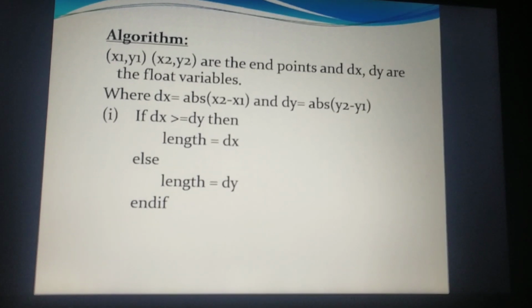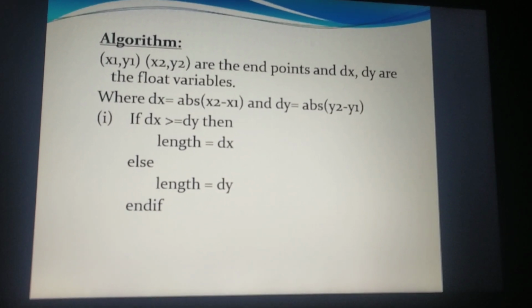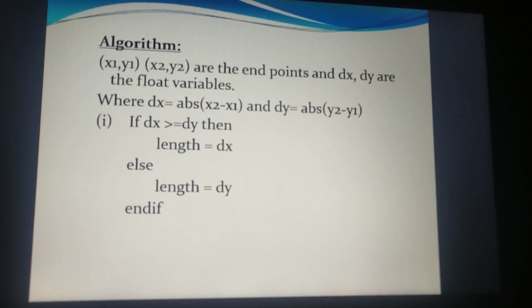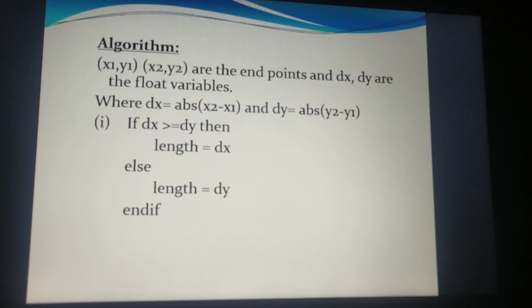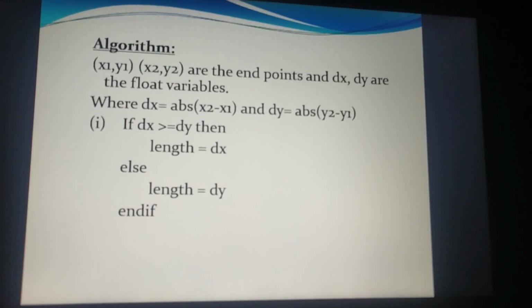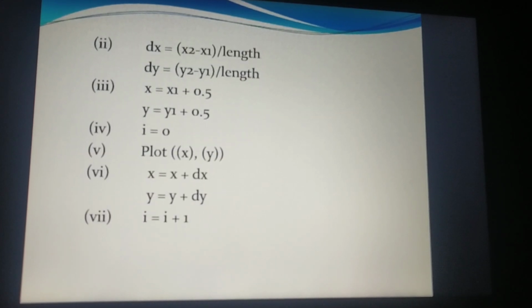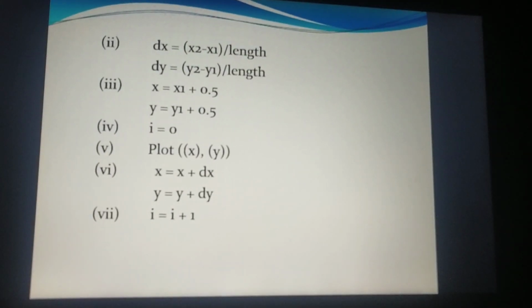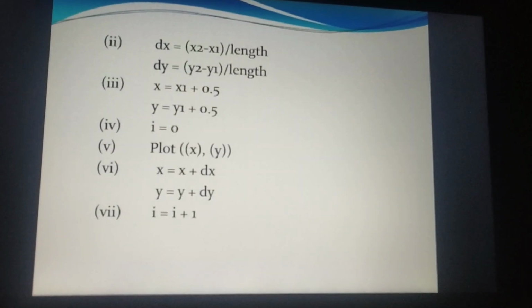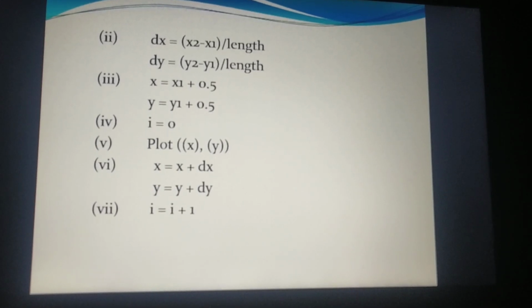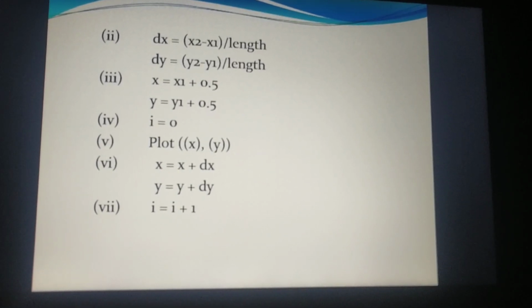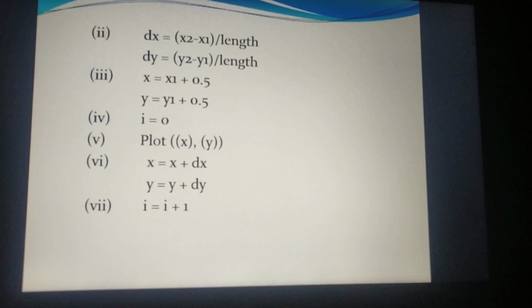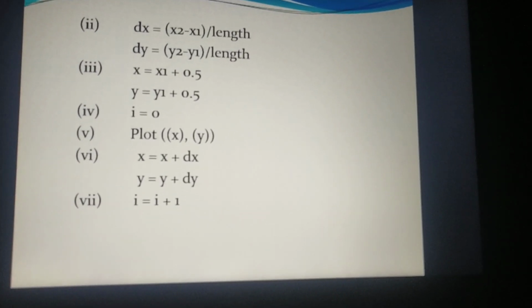If dy is greater, I will plot the line towards the y-axis. For that only the first step. If dx is greater than or equal to dy, then length equals dx, else length equals dy. Then end if. In the second step, I am calculating dx equals x2 minus x1 divided by length and dy equals y2 minus y1 divided by length.